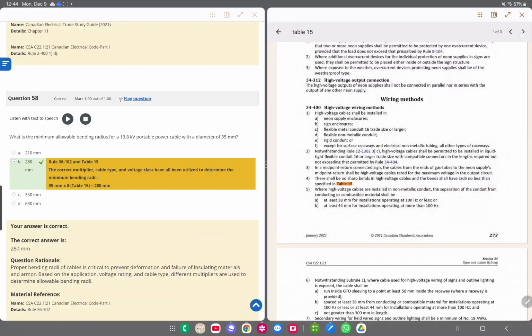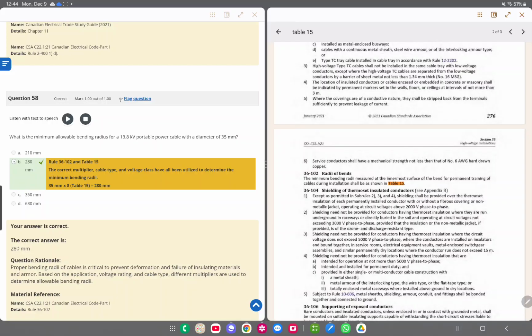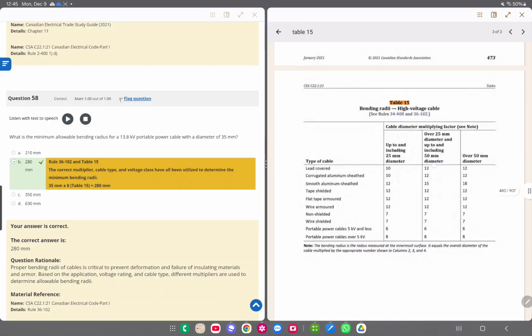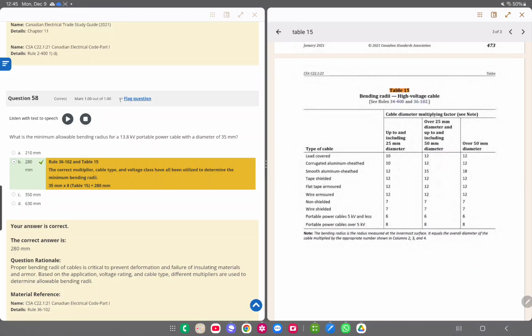Table 15 has radii of bends, the minimum training of the cable. So here we are at table 15. We're looking at portable power cables, and there are two separate voltages: 5 kilovolts or less, and over 5 kilovolts. So we look at how many kilovolts they want. 13.8. It's definitely over 5 kV.